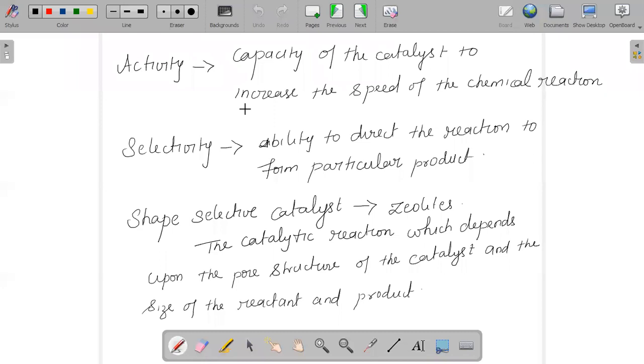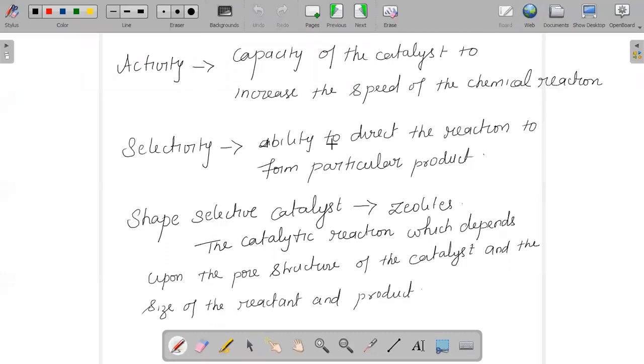And when we talk about solid catalysts, what are the important features of a solid catalyst? First one is activity. The term activity is nothing but the capacity of the catalyst to increase the speed of the chemical reaction.